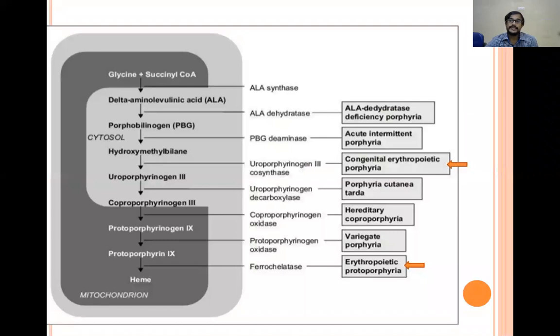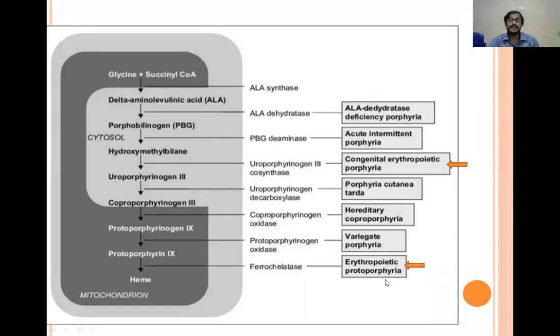So here you can see the different porphyrias. These are the diseases: acute intermittent porphyria, congenital erythropoietic porphyria, porphyria cutanea tarda, hereditary coproporphyria, variegate porphyria, and erythropoietic protoporphyria.